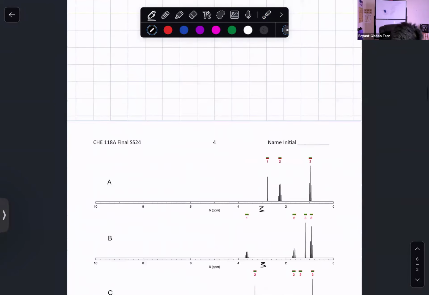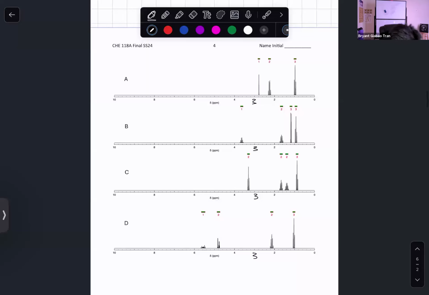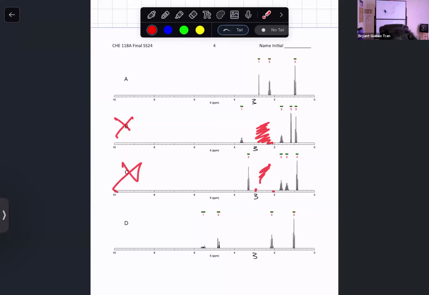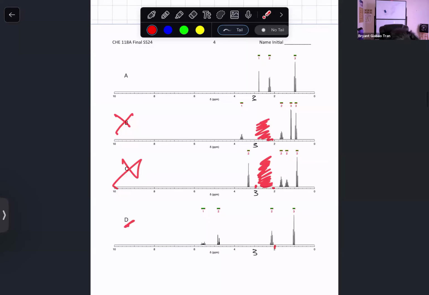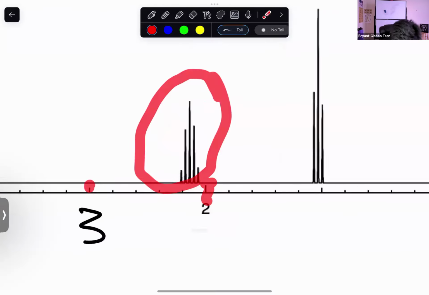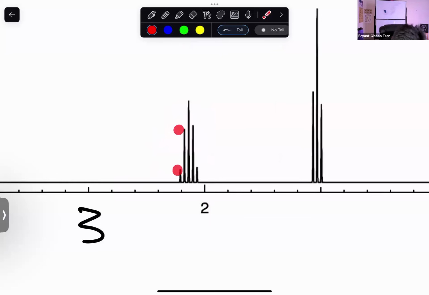Right. So we see here that from the options A, B, C, D, B has nothing between 2 to 3, so we could eliminate that for the first molecule. We could do the same for C, because there's nothing there between 2 to 3. And now for option D right here, there is something there between 2 to 3, right? But notice the number of subpeaks here.